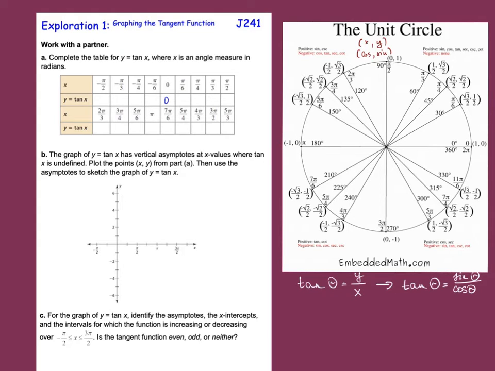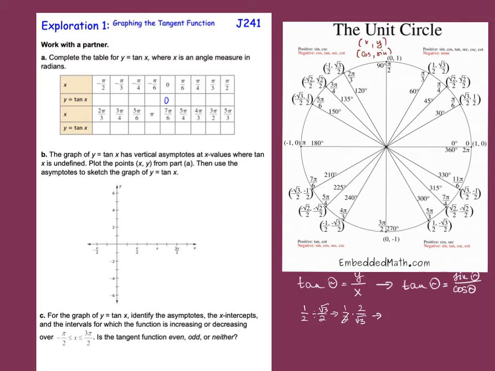Then we'll go to pi over 6. So pi over 6 is right here. So it's going to be 1/2 divided by the square root 3 over 2. So let's write that to the side. 1/2 divided by the square root 3 over 2, which is the same as 1/2 times 2 over root 3.